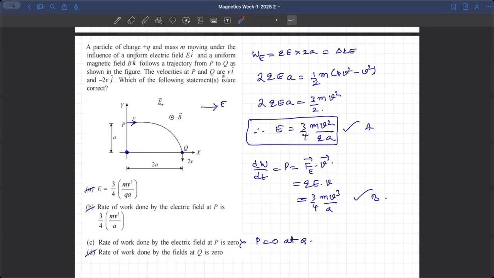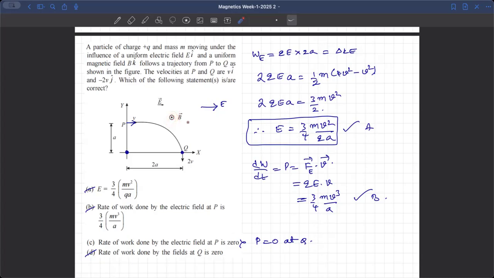What is the question here? A particle of charge Q, mass M, is moving under the influence of a uniform electric field, E I cap, in the horizontal direction, and a uniform magnetic field, which is outwards.